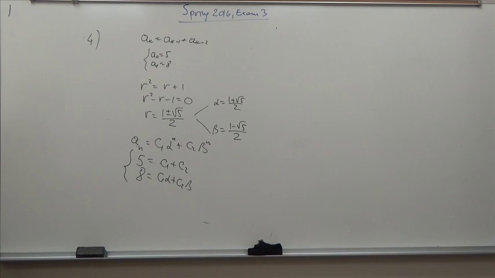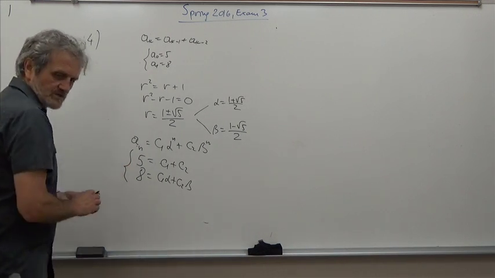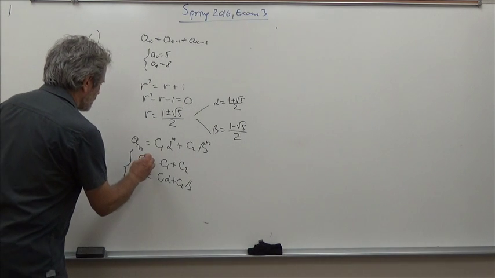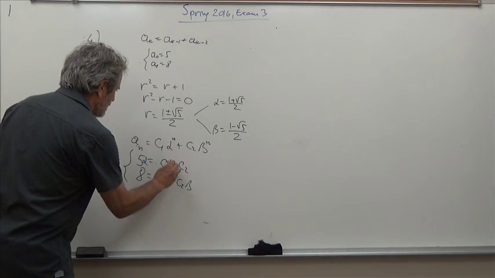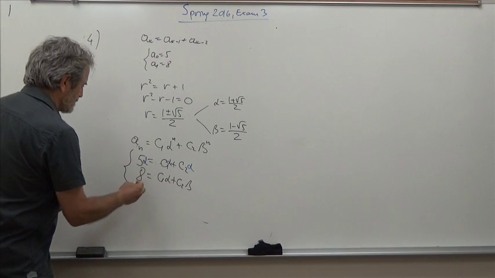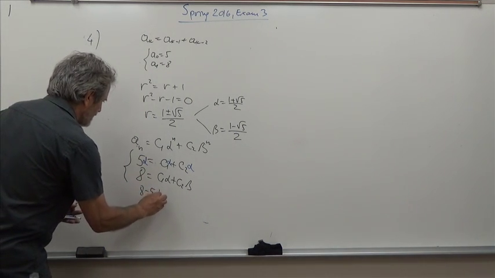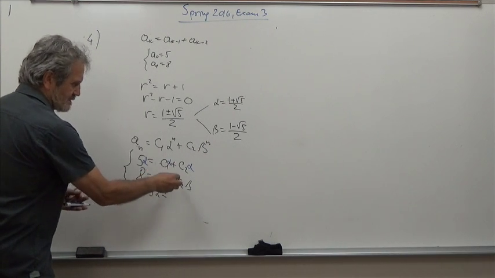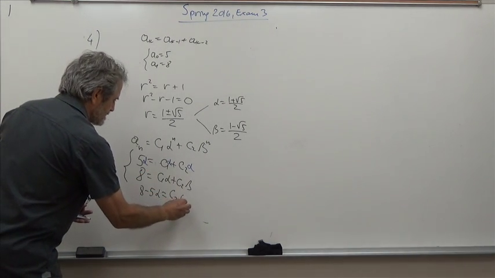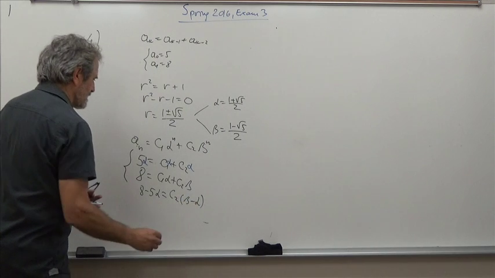So what would I do? The simplest way is just to multiply the top line with alpha. And then when I subtract, we get the following: 8 minus 5 alpha. C1's cancel because of our good move. C2 times beta minus alpha.